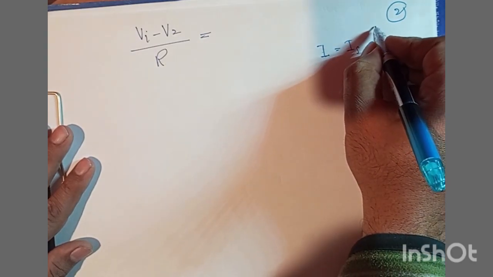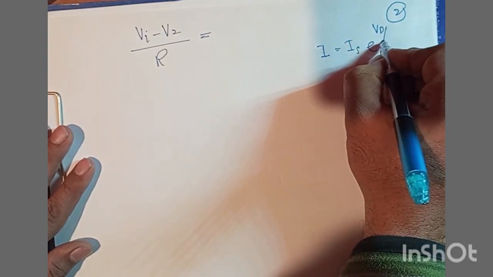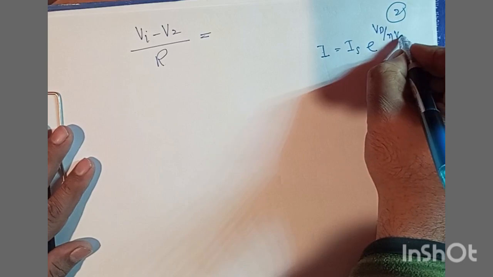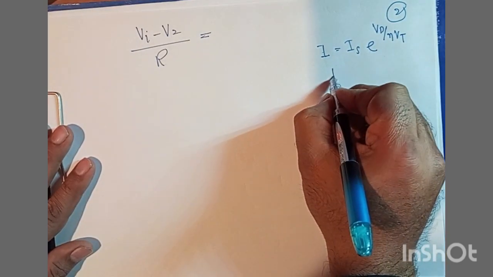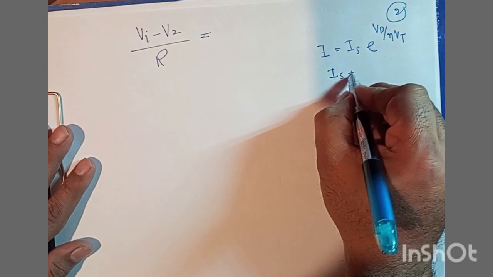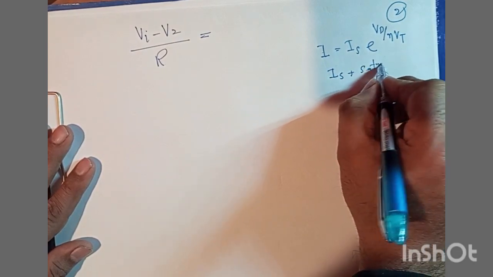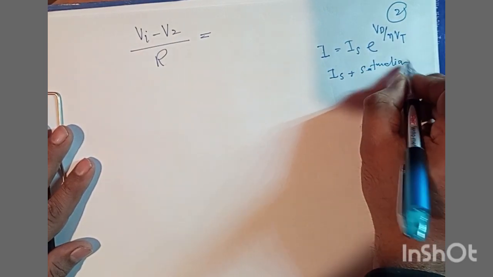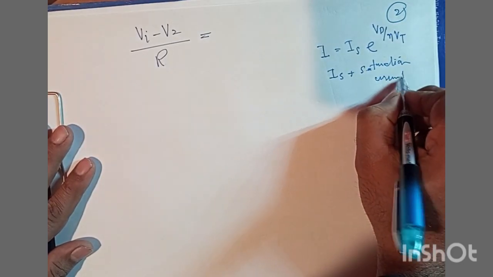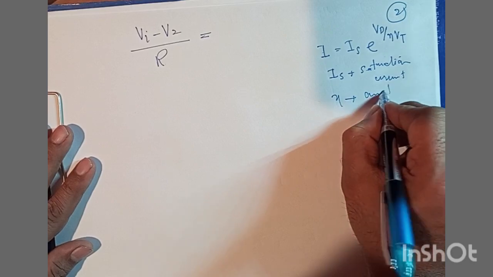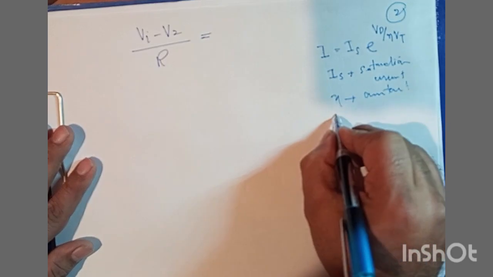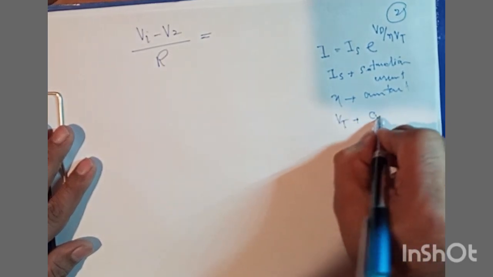VD upon eta Vt. Now in this equation, Is is the saturation current, and it's a constant. Eta is a constant, and the thermal voltage is also constant.